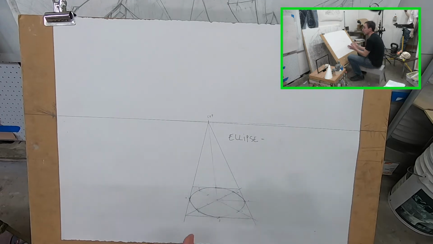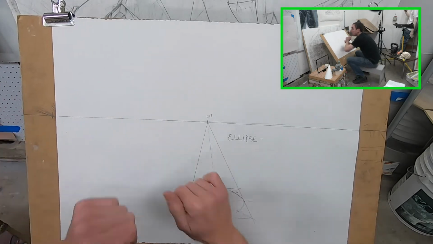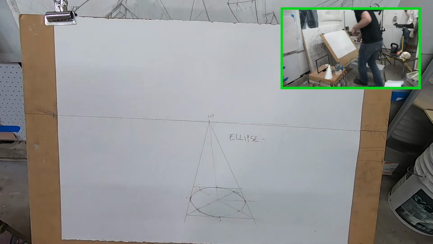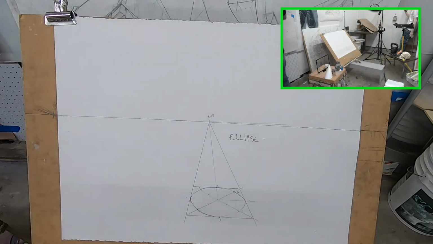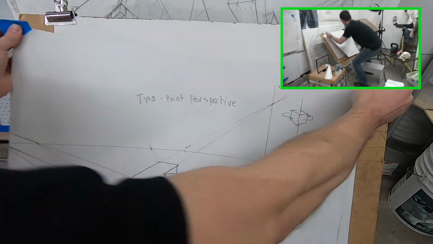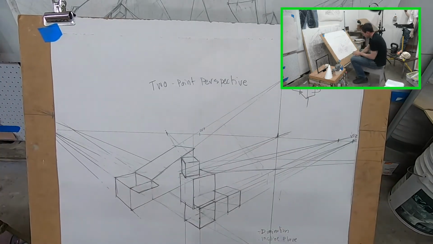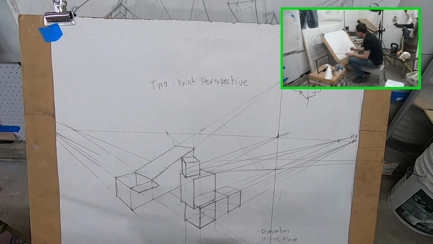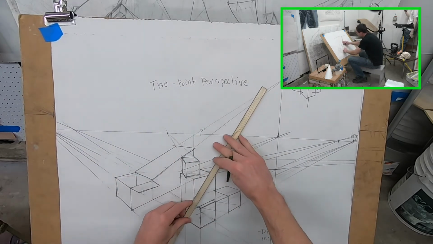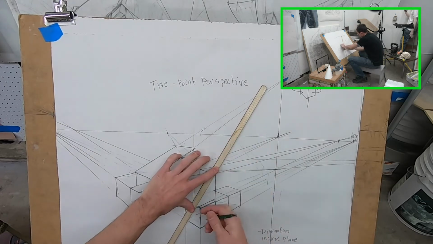All right, let's stick one of these on one of our other cubes just to see how we can place that anywhere. And let's grab our 2-point perspective drawing to do that. So we'll just very quickly use that 8-point tangent system to stick an ellipse on one of our cubes.